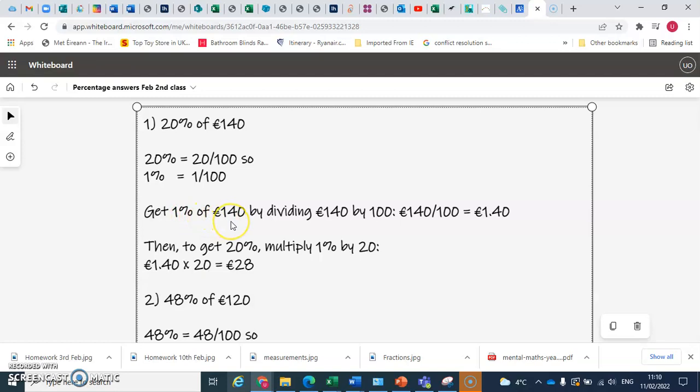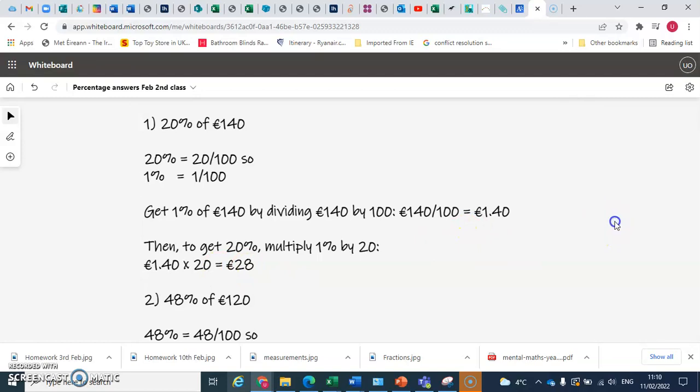So in this case, we have 140, and we're dividing it by 100, and we get €1.40. So 1% of 140 is €1.40. So all you have to do then to find 20% is multiply 1%, which is €1.40, by 20, and you'll get 28. So that's step 1, as we referred to in the picture last week, and that's step 2.